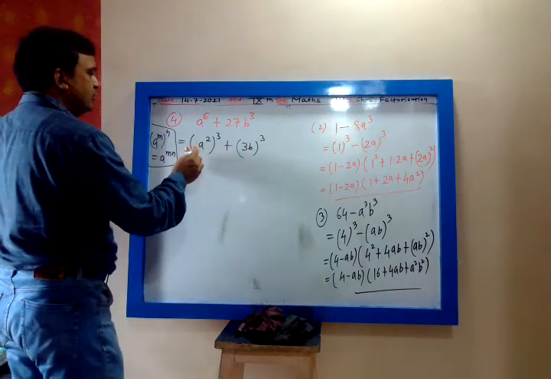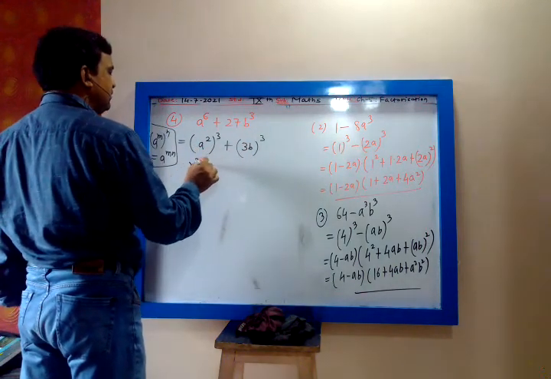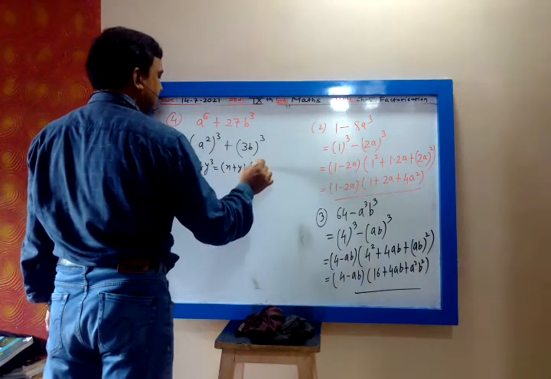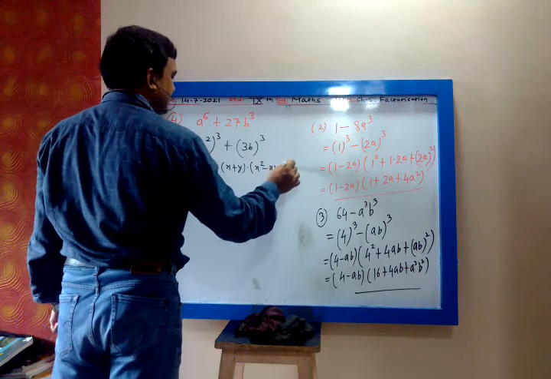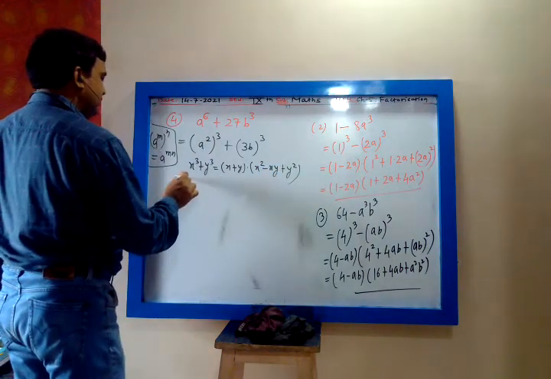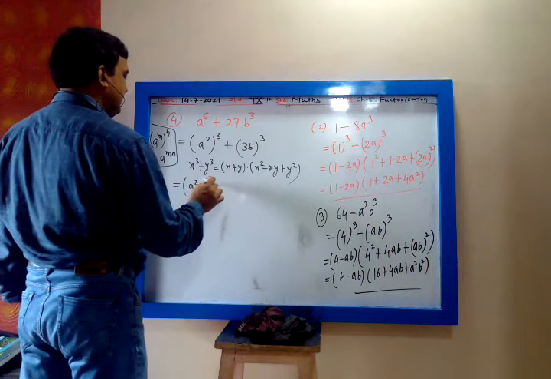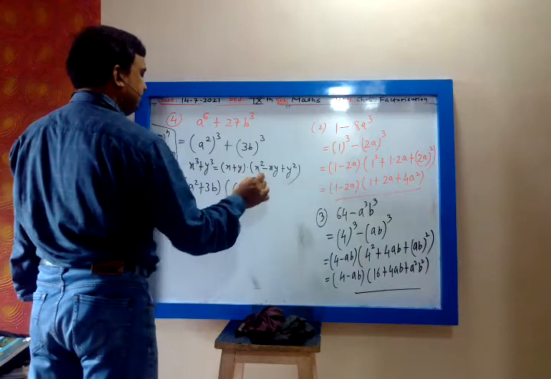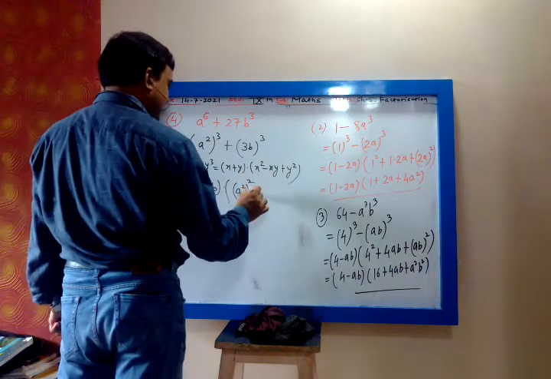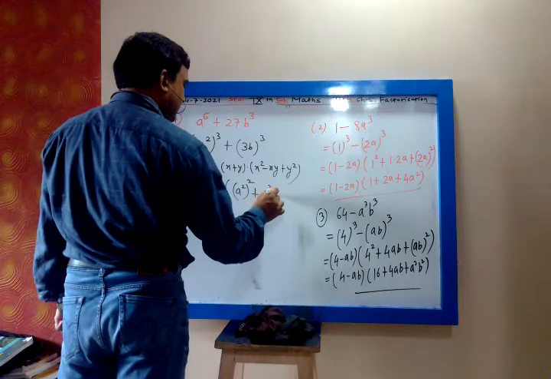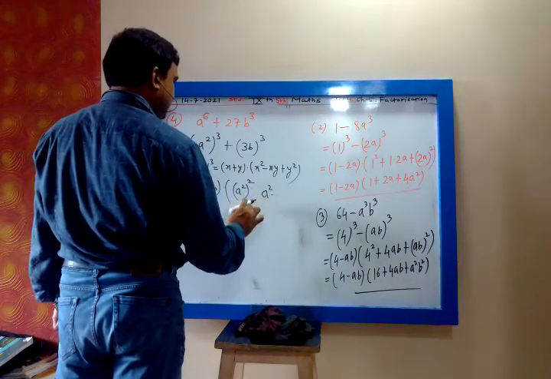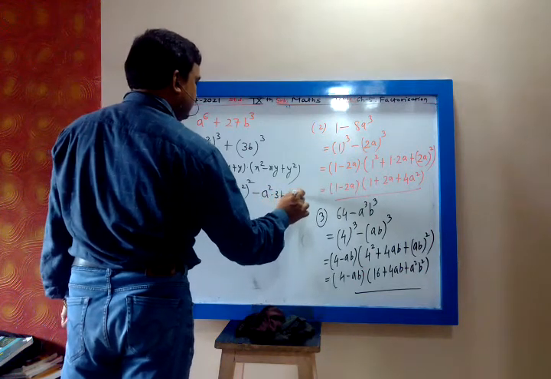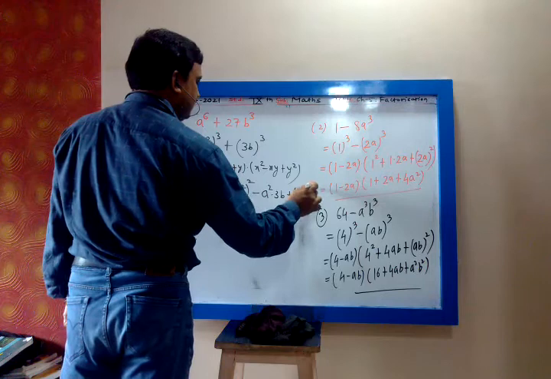Then it is of the form x cube plus y cube. X cube plus y cube is x plus y into x square minus xy plus y square. So use the formula, that will be a square plus 3b into a square square minus a square into 3b plus 3b whole square.